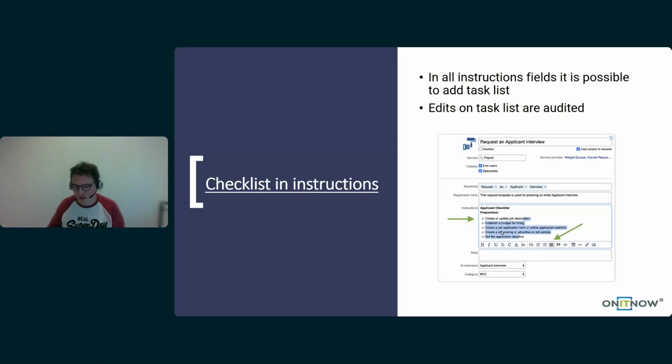And it's always a discussion: do you make 3 tasks, or do you make 1 task with an instruction where you say, okay, these 3 steps should be taken? This makes it easier to create 1 task with kind of subtasks in it. The checklists are also audited. That means that if I uncheck a box, I can see in the audit trail who did that. So if I'm certain that I checked it, and I did my job, and somebody else says it is unchecked, we can see who's responsible for that.